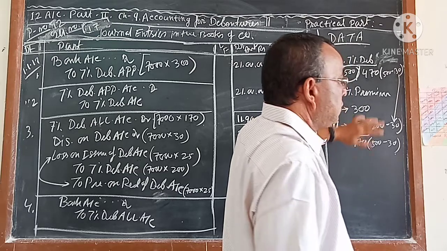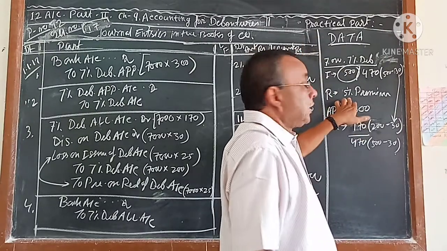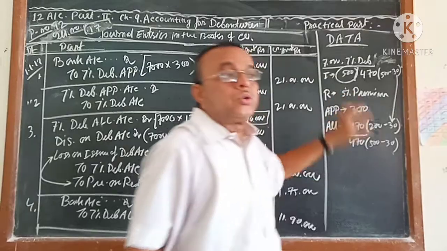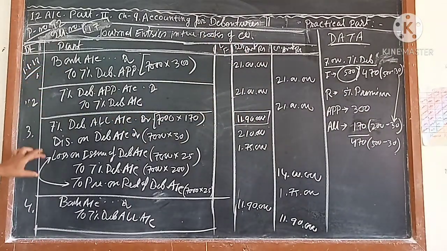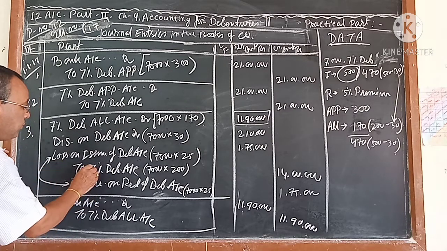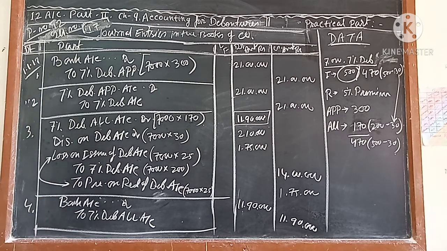This is during the time of issue, and during the time of redemption you are going to give the 5%. So these 2 journals are for the application, and these 2 journals are for calling for allotment and receiving for allotment. 7% debenture allotment account debit, discount on debenture account debit, loss on issue of debenture account debit, to 7% debenture account, to premium on redemption of debenture account.